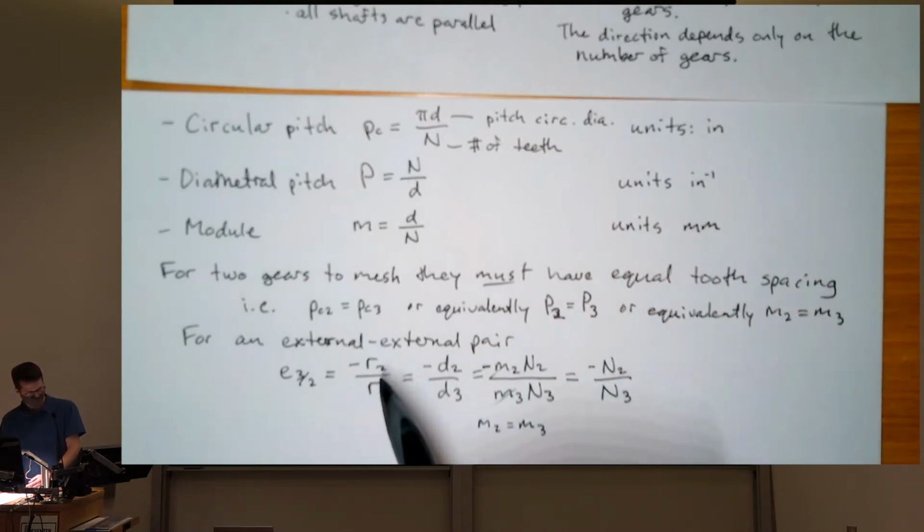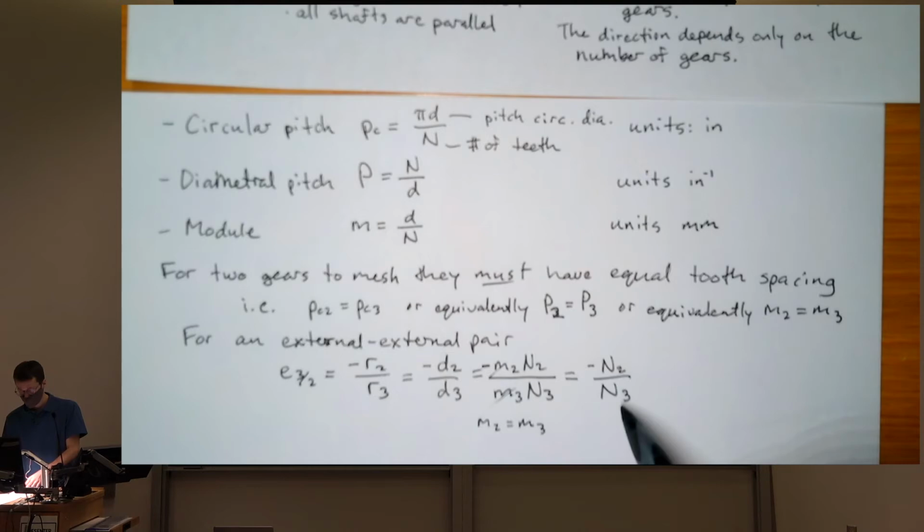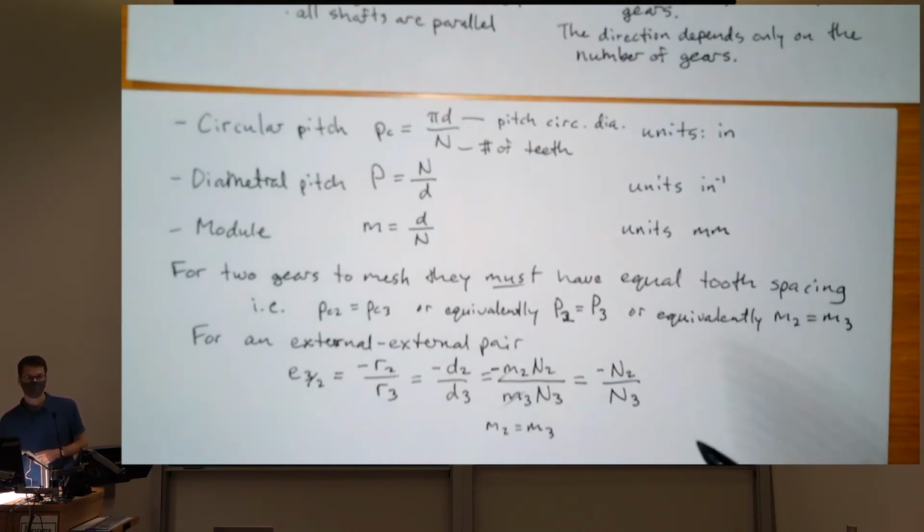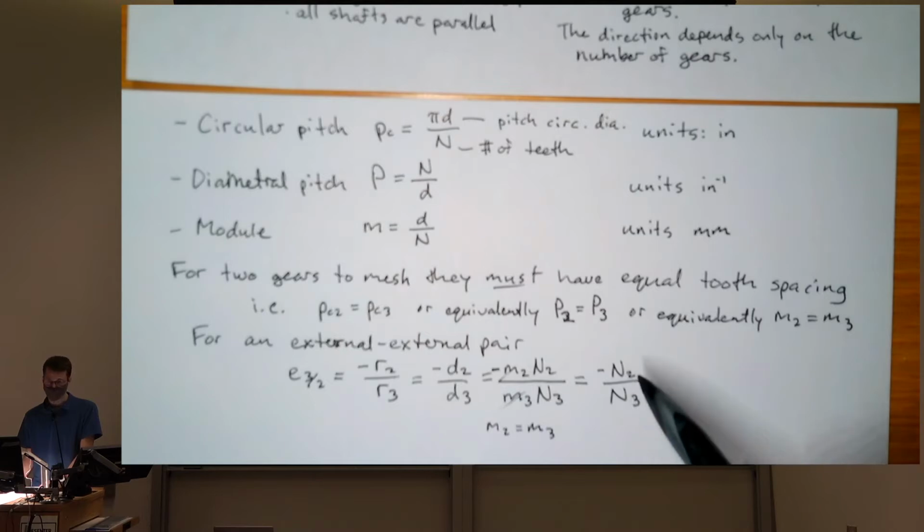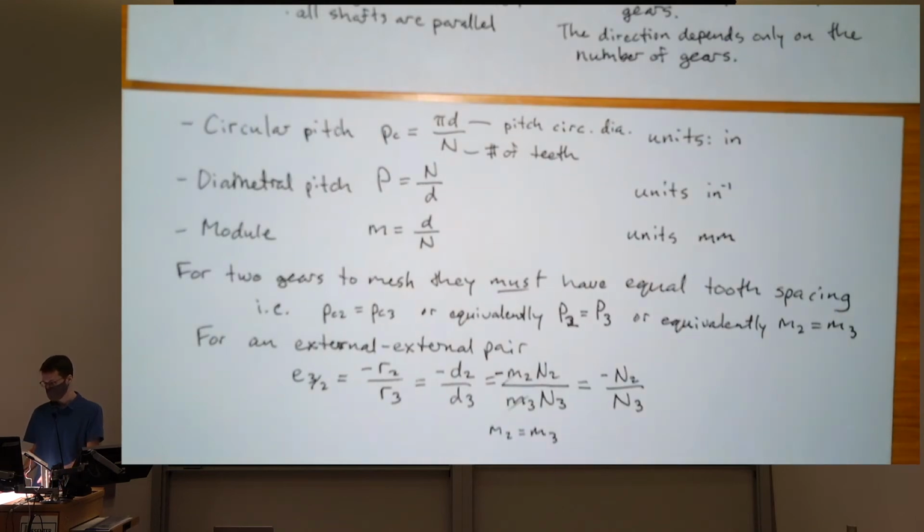So instead of using the gear radii or the gear diameter, we can also just use the number of teeth, which is really handy because the number of teeth we know is going to be some integer number, and it'll be reported for whatever gear you have. So sometimes this makes it a little easier to track your calculations for the gear ratio because you're just dividing one integer over another integer. It makes things quite handy.